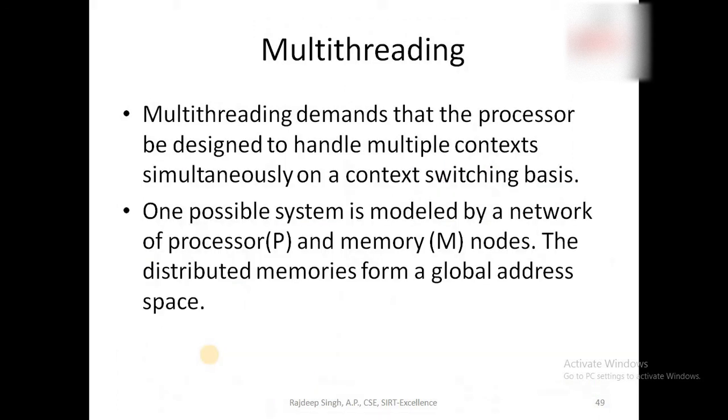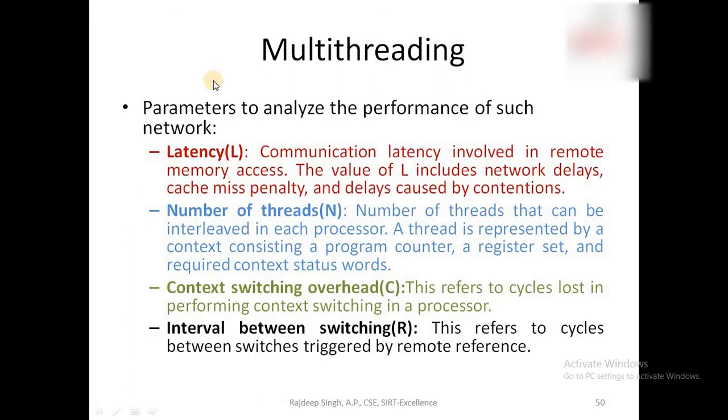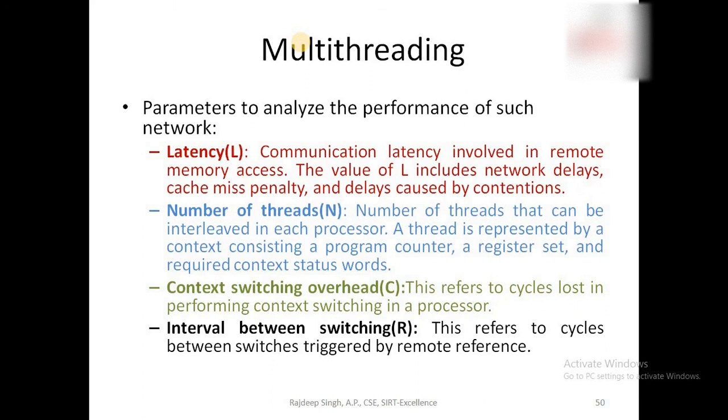And in the last we looked at the concept of multi-threading and the parameters used to analyze the performance of such a network, and the machines used to handle multi-threading are called multiple context processors.